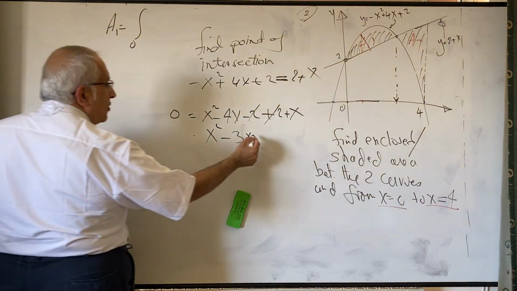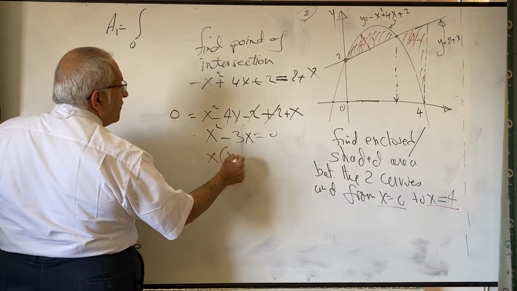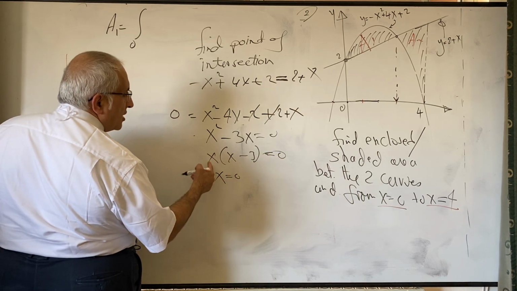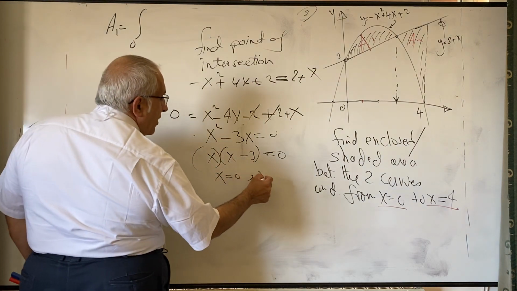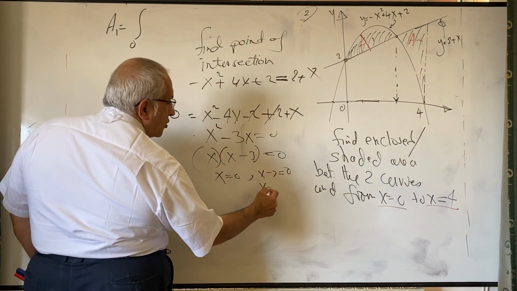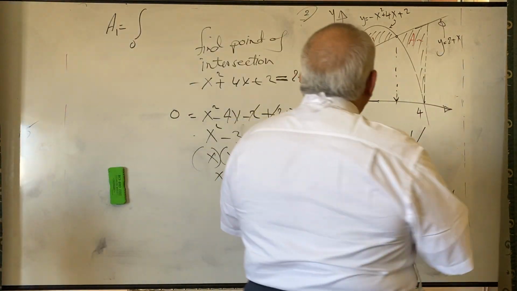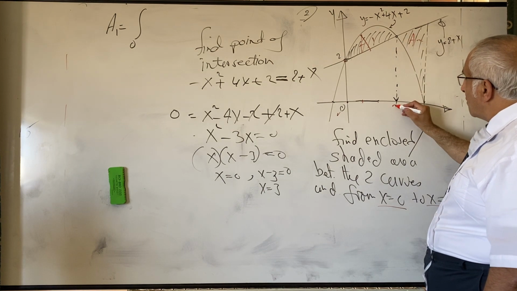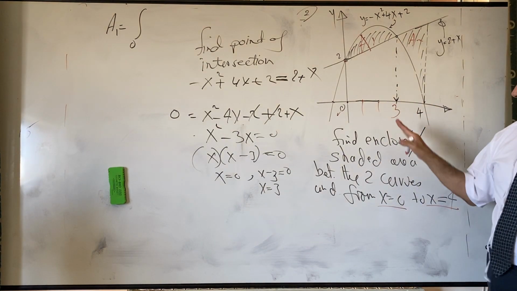I could put it equal to 0, I can go to my calculator, I can factorize, do whatever it takes. Whatever skill you know, use it. Either x equals 0, that's a root, or x minus 3 equals 0, which gives x equals 3. One of the intersection points is 0, which I already know, but this other point happens to be 3. Don't guess from the sketch, thinking this is 1, 2, so it must be 3. Don't do that.